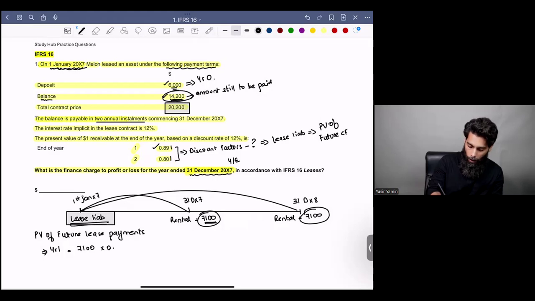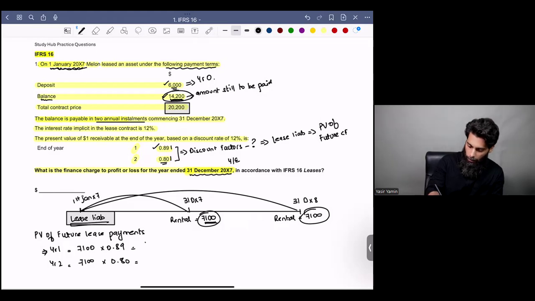So 7,100 times 0.89. Then there is another payment of 7,100 in year 2, and each dollar will be worth 0.80. So what will be the present value?